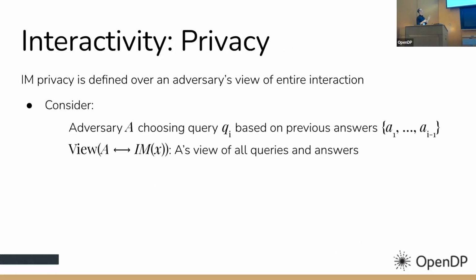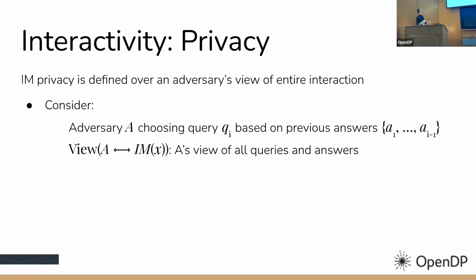Imagine I have an adversary, we call him A, and that adversary is choosing each query, Q sub i, based on the previous answers, A sub 1 through A sub i minus 1. And then I have another thing, I'll call it a view. And that view is looking at A's interaction, sort of the whole stream of queries and answers that you see.